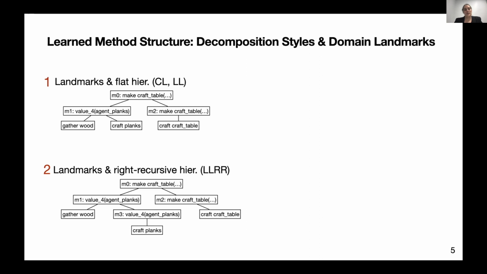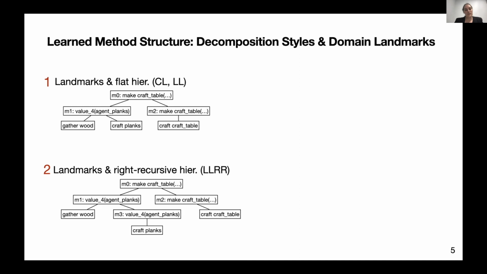You can see that both are using, for method M1, a landmark: the value agent planks is 4, to decompose as the leftmost subtask of make craft table.